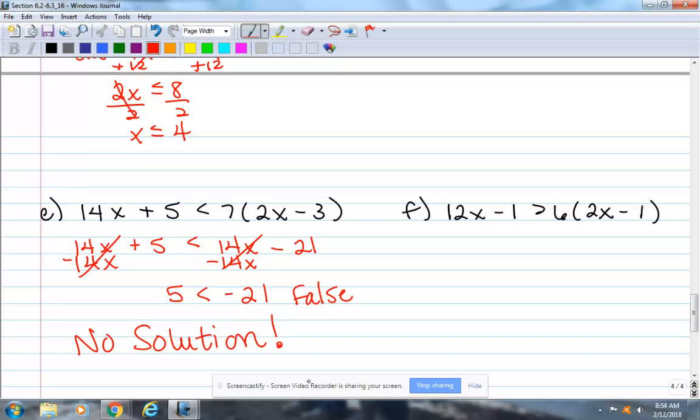So write down problem F. If you haven't already, 12x minus 1 is greater than 6 parentheses 2x minus 1. All right, so copy that 12x minus 1.